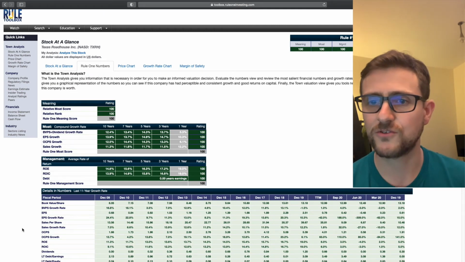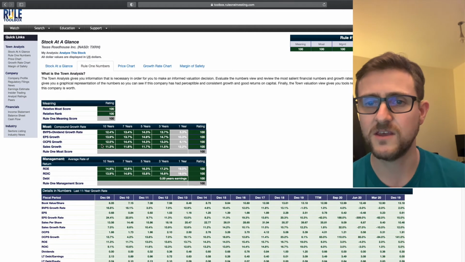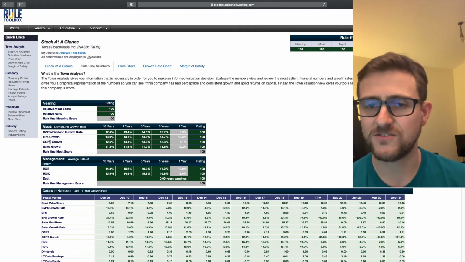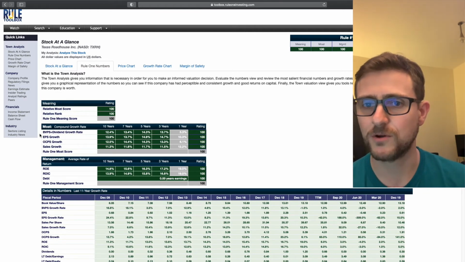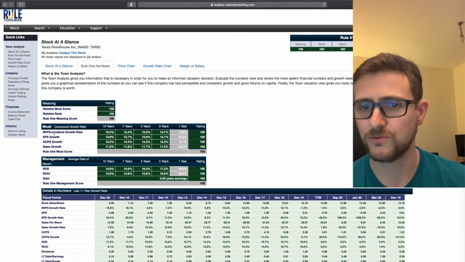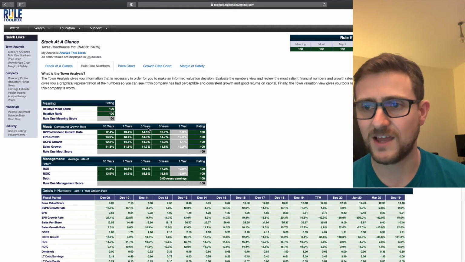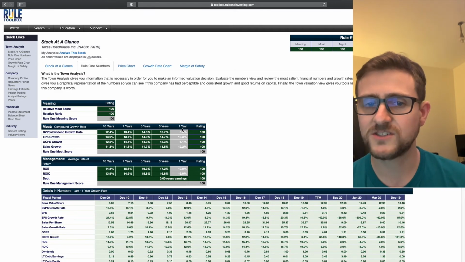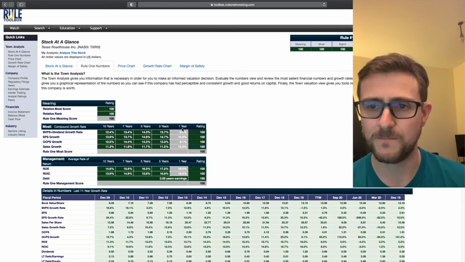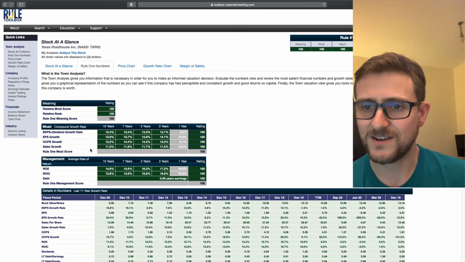So I also have a subscription to Philtown's Toolbox, and here we can see the key numbers that he bases the growth rate off. So here we've got the book value per share plus dividend growth, earnings per share, operating cash per share, and the sales growth. So here you'd be given the 10 years, 7 years, 5 years, 3 years, and the last year. And what we're looking to do here is come up with basically an average.